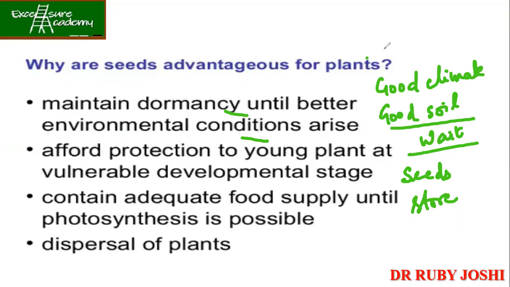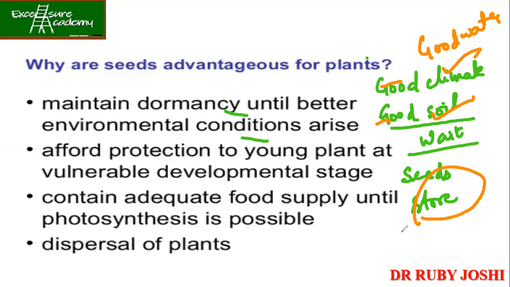Whenever we have good climate, good soil, good water availability, when all these factors are present, then only the farmers are going to put the seeds for germination, right? So it maintains the dormancy. Dormancy means it keeps it in the seed form only. It does not allow it to germinate.